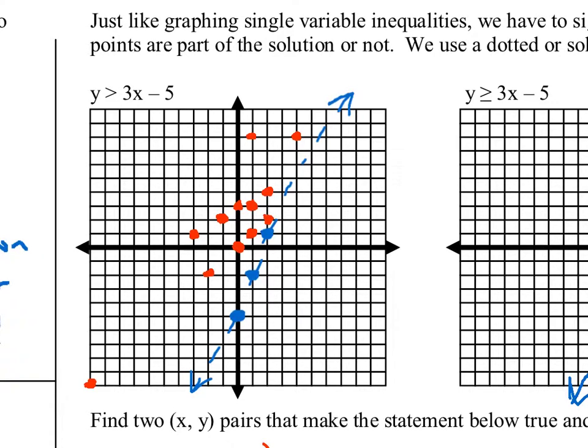Now, if we go back through this and we were to pick a point here, a point here, a point here, and so on, we would find that every one of those points is part of the solution. Because indeed, every point that is on the left side of this line is part of the solution.